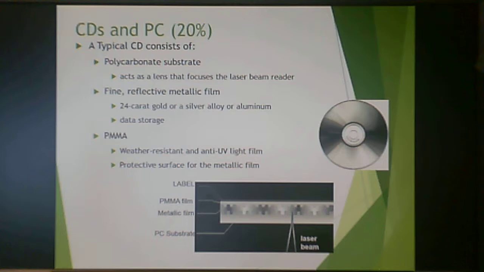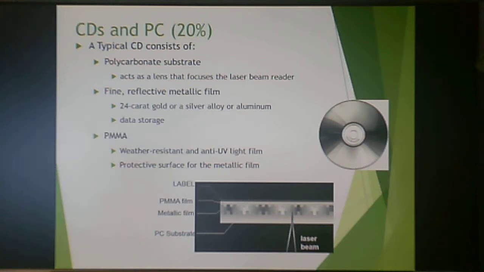When you're talking about CDs and DVDs, a typical CD consists of a polycarbonate substrate. What the polycarbonate substrate does is act as a lens that focuses the laser beam, and it's a laser that actually reads the media. So it focuses that laser beam onto the metallic film that contains the information that produces the sound or the picture or both.